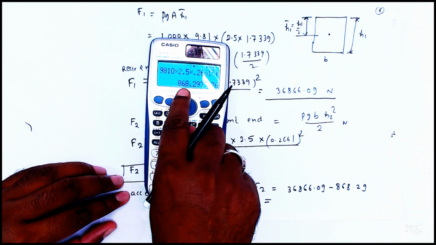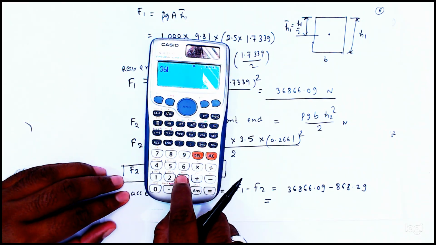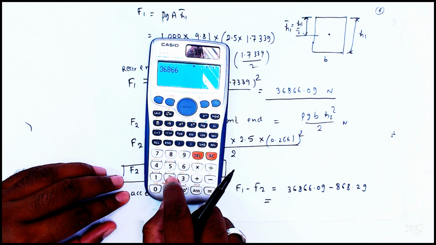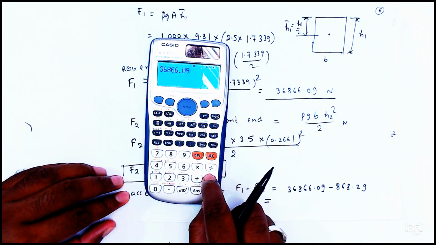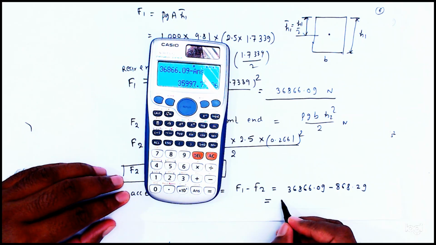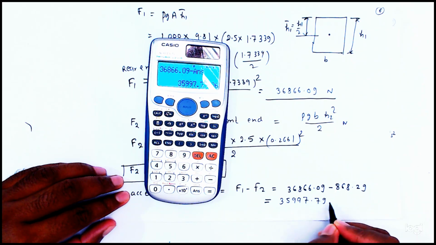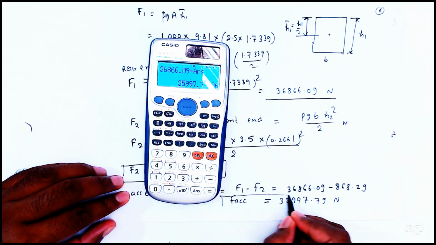You see, this is the F2 value, 868.29. So 36866.09, correct? 36866.09 minus that answer, it will come around 35997.79 Newton F acceleration.